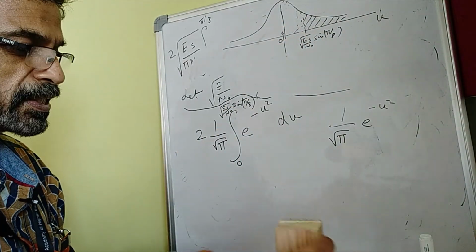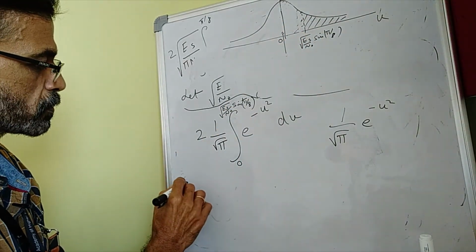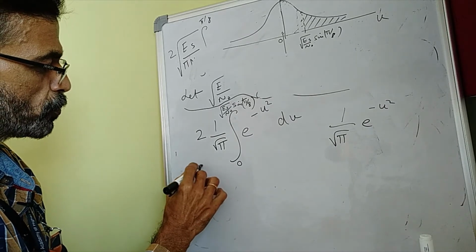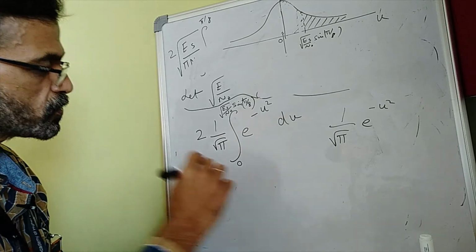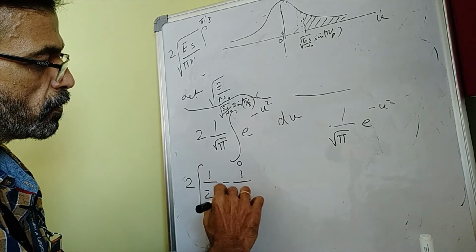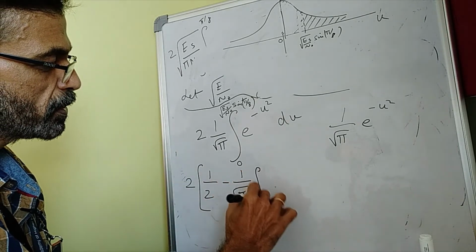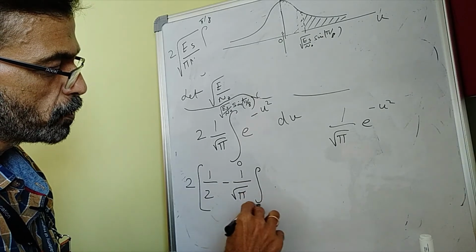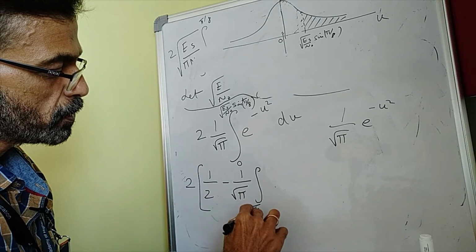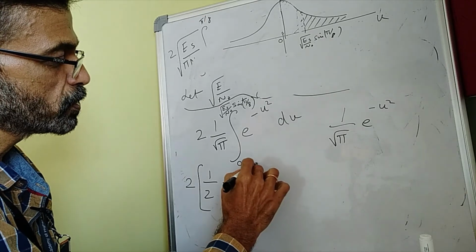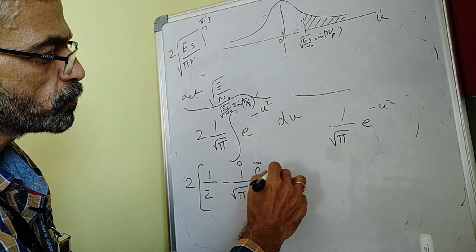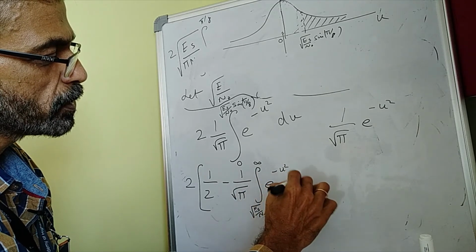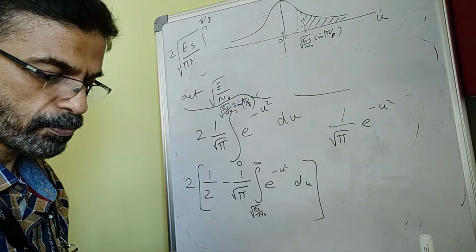So we can rewrite this as equal to 2 times (1/2 minus (1/sqrt(pi)) integral from sqrt(Es/N0) sine pi/8 to infinity of e^(-u²) du).